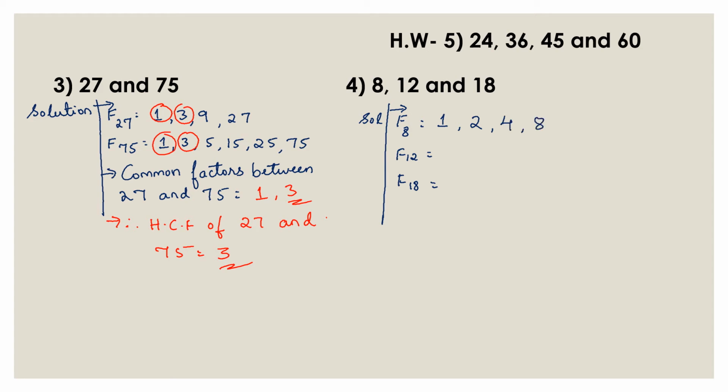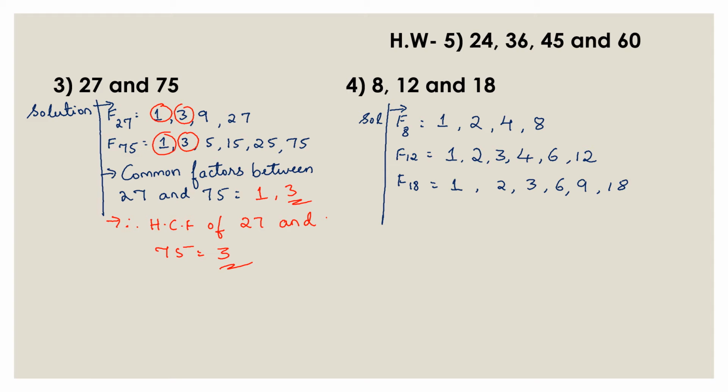Then factors of 12: 1, 2, 3, 4, 6, 12. Factors of 18: 1, 2, 3, 6, 9, 18.